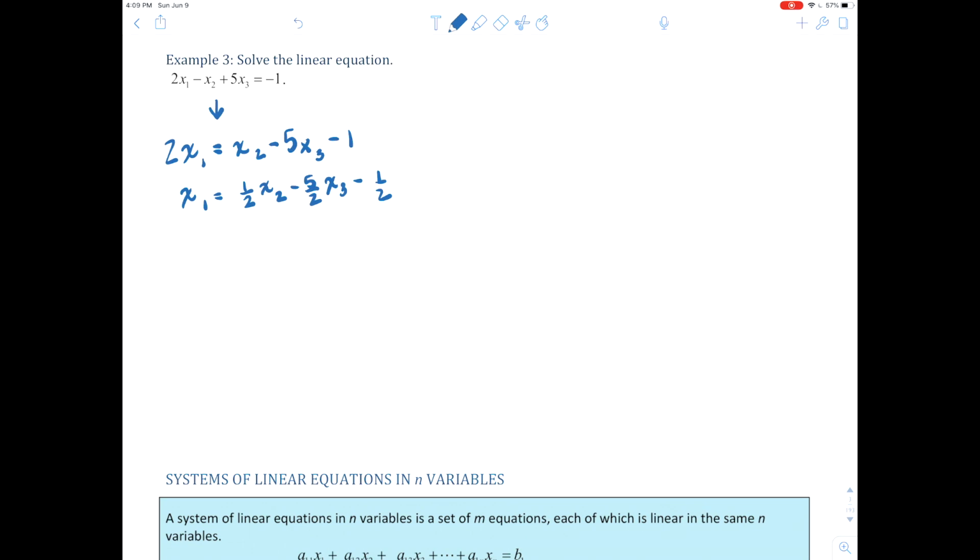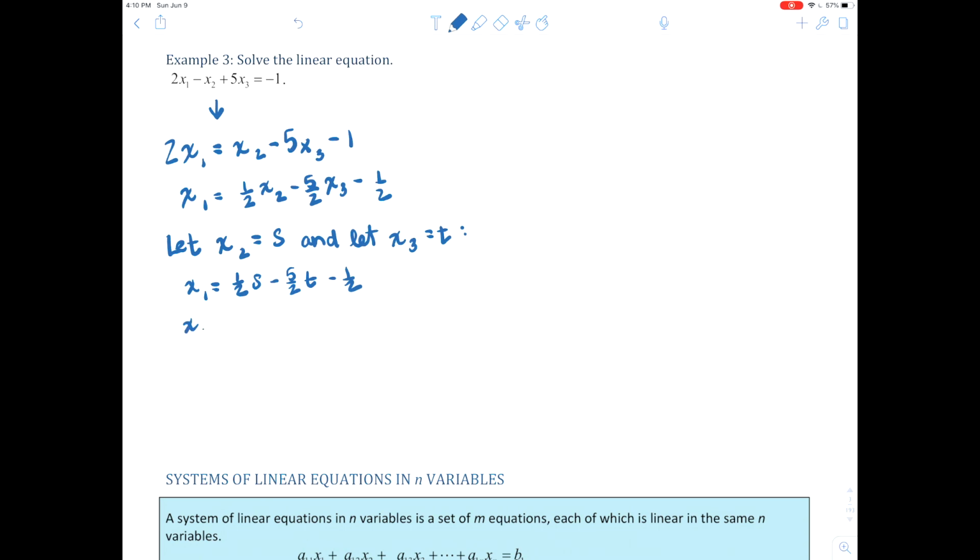So if we have x2 equal to s, and if we let x3 equal to t, what's going to happen? x1 will be equal to 1/2 s minus 5/2 t minus 1/2.